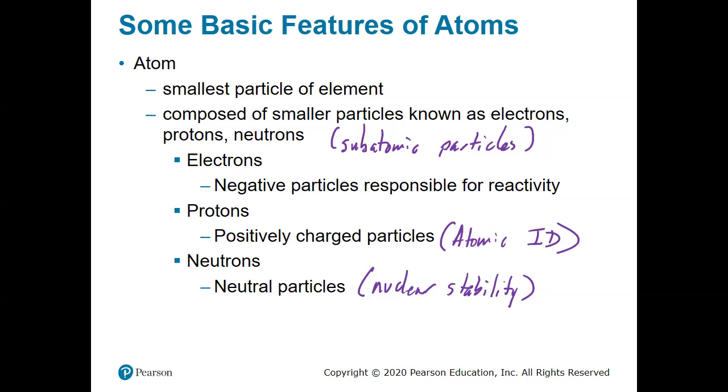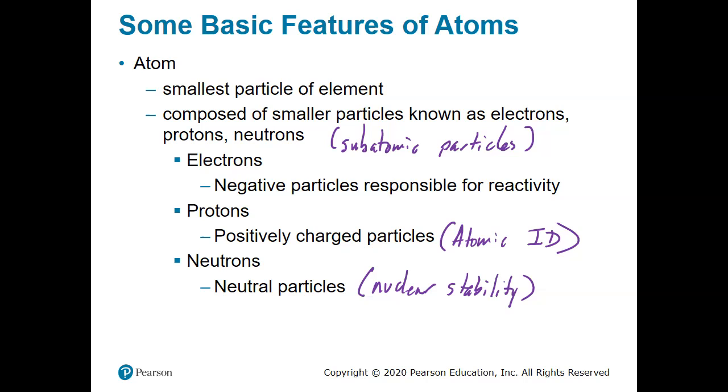We'll get more into that in chapter 16 when we talk about isotopes and the stability of the nucleus. But each one of these subatomic particles has its job. The electron is what determines how reactive the element is. The proton determines what the element is. And the neutron determines whether or not that particular nucleus is stable.